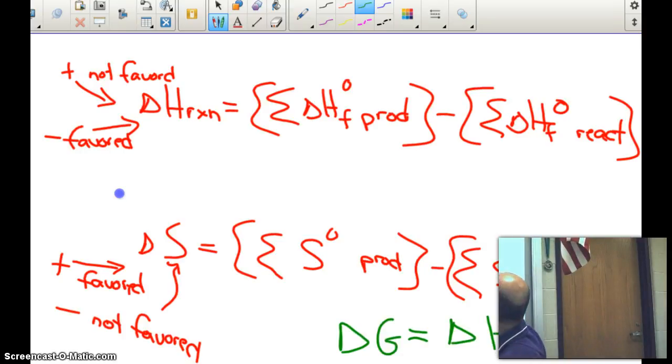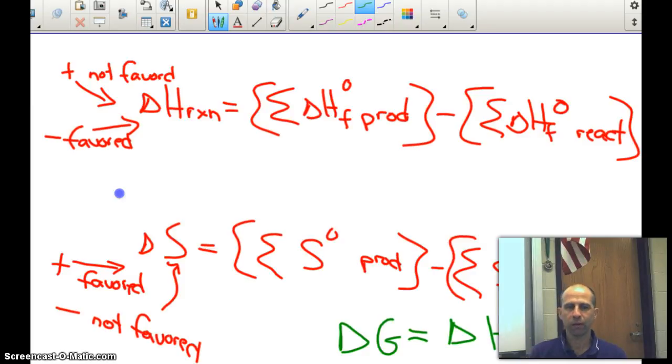Don't forget that even though you can do this products minus reactants approach to find a delta G or a delta H or a delta S, the equation that relates all these changes to each other is that the change in the free energy is equal to the change in the enthalpy minus the temperature times the change in the entropy. And if the delta H is less than the T multiplied by delta S, and that sounds like a poem, in fact, it might be a song, we'll see.